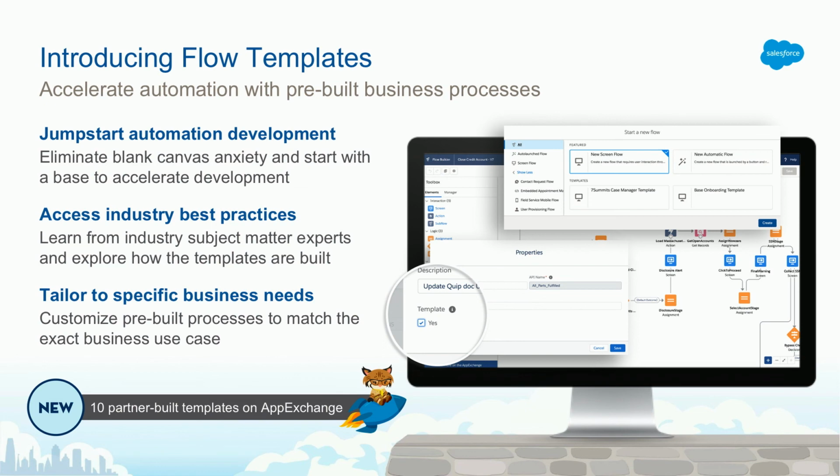You can look at the industry's best practices, so then you can pick the right one for your verticals, and once you pick that, you can customize it and tailor it to your specific business needs. That means templates are packageable, they're editable, and for ISVs out there, you can push upgrades to your customer as well.